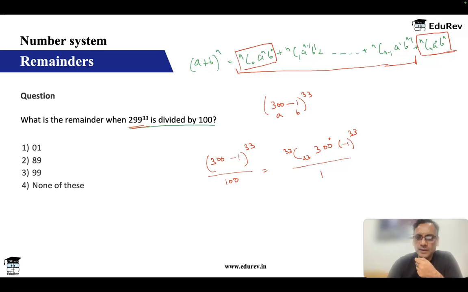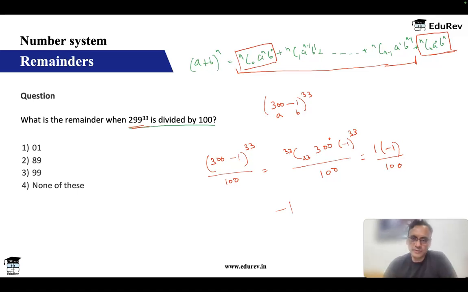Okay, this divided by 100. Now 33C33 is 1. 300 to the power 0 is also 1. So essentially what you get is minus 1. Minus 1 divided by 100, your remainder is minus 1. Okay, so you can see that you're getting a negative remainder here as well.